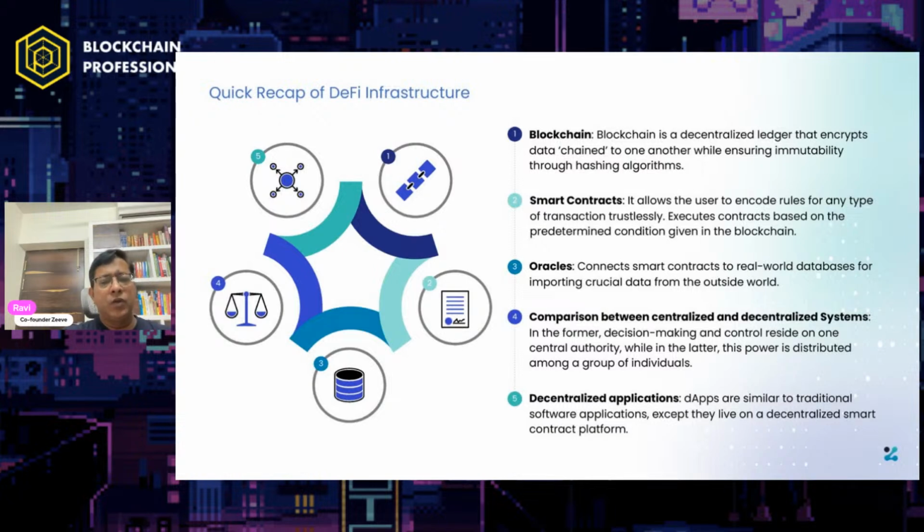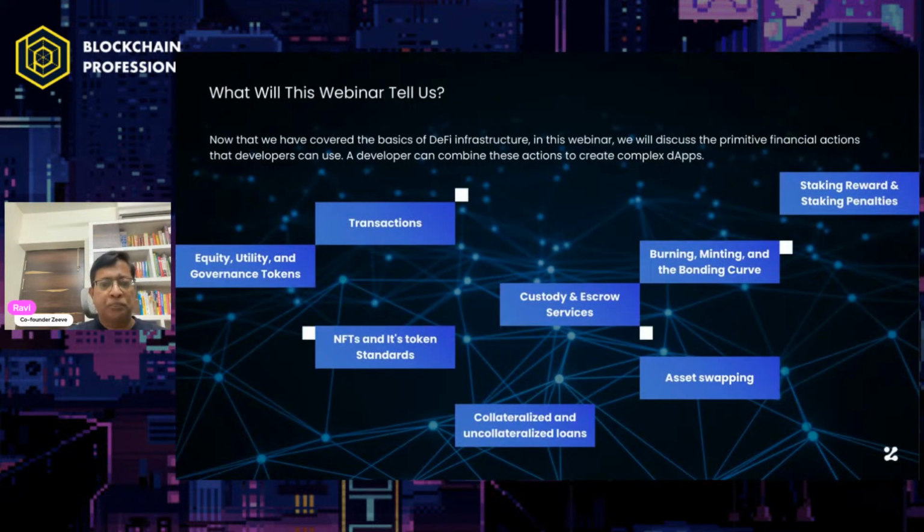Today we are going to jump in a bit deeper, and we are going to talk about the various DeFi primitives. What are the different areas, features or characteristics of DeFi that we typically use? The pieces we are going to cover are, first, transactions as we understand them in DeFi, and then different kinds of tokens, whether fungible or non-fungible.